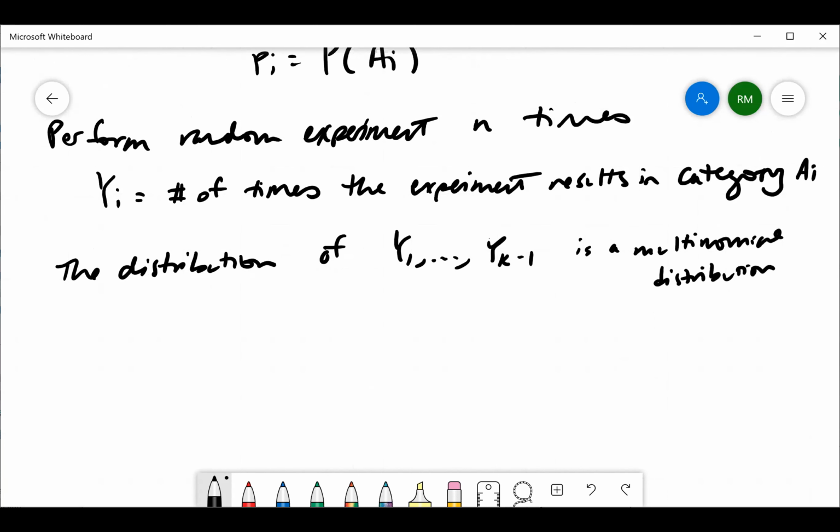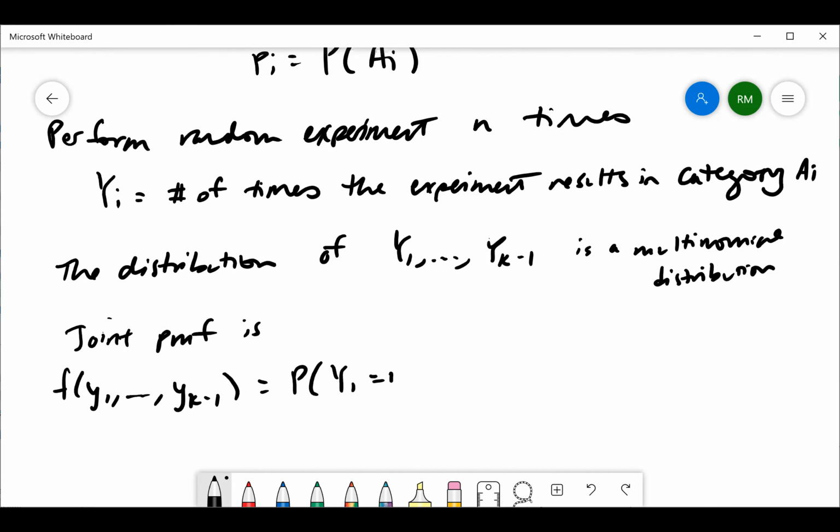So if we want to know what the joint PMF is, what's the probability that Y1 through Yk minus 1 are equal to, it's the probability that exactly Y1 picked category A1, all the way up to Yk minus 1 equals yk minus 1.